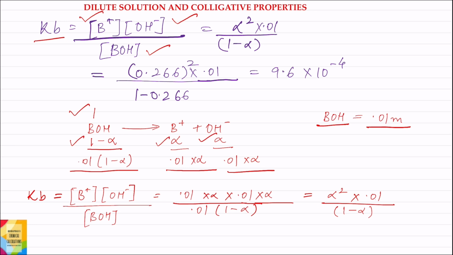So putting the values, we get 0.01 alpha into 0.01 alpha divided by 0.01 into (1 minus alpha). Solving, the value of Kb is equal to alpha square into 0.01 divided by (1 minus alpha). Now putting the value of alpha and solving, the value of Kb is 9.6 into 10 to the power minus 4.